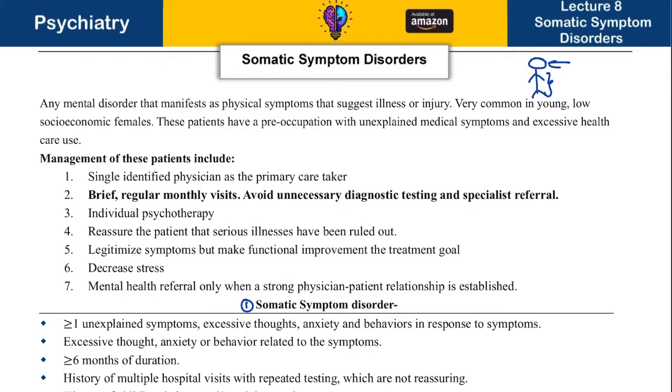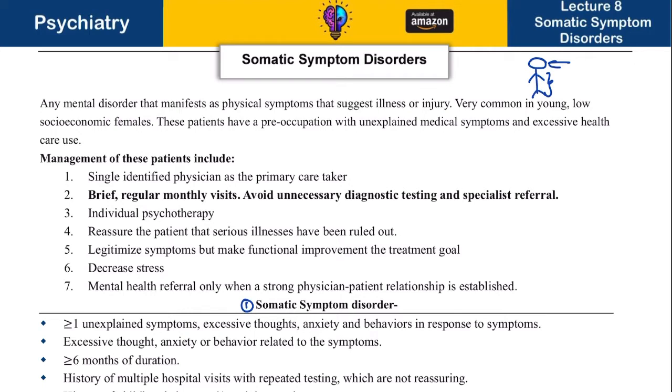They will say, I went to this many doctors and they couldn't find anything wrong with me. The way you treat these patients is you have brief, regular monthly visits, and you need to reassure the patient that serious illness has been ruled out. This is the main goal.